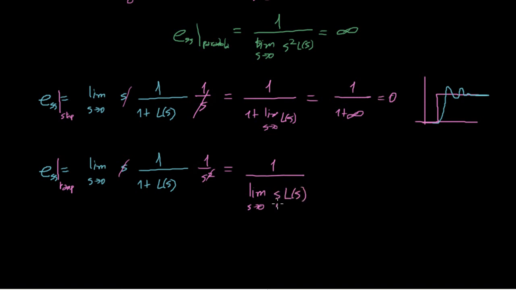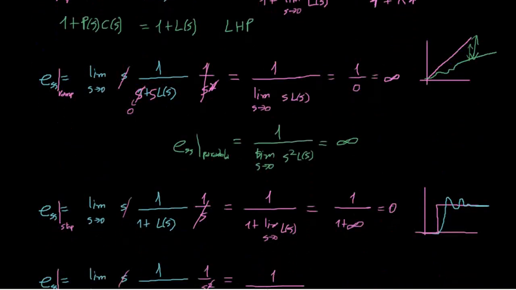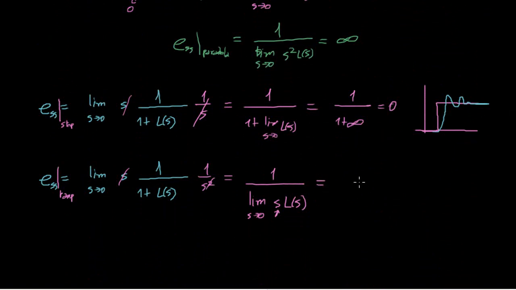Now this s here cancels out with this s in L of s, and what we get here is just 1 over the isolated gain k of L of s. Well, k is not the gain, but if we write it in the standard form, the k that is isolated, we can call it gain or isolated gain.